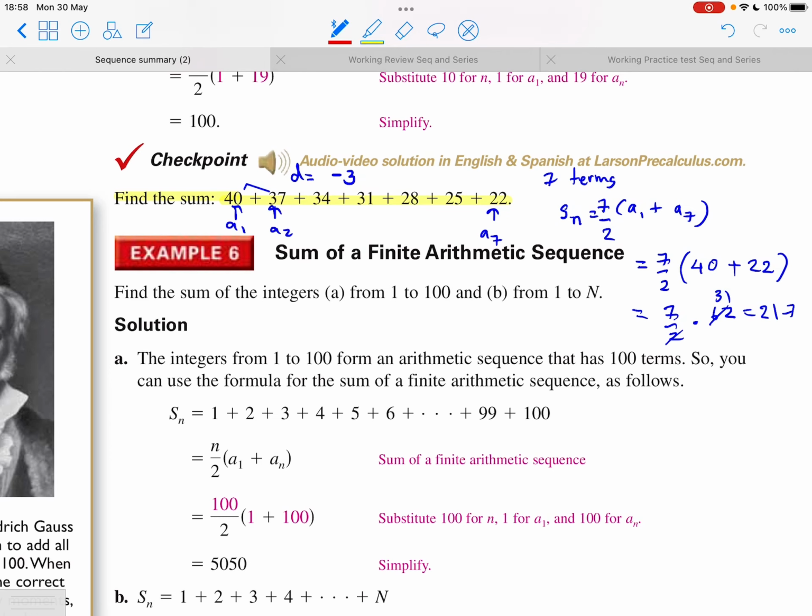We can see that it is an arithmetic sequence by seeing the gap. 37 minus 40 is minus 3. So d can be negative, like it's decreasing. And you have to check at least 2. Just check for all, right? 34 minus 37 is minus 3.